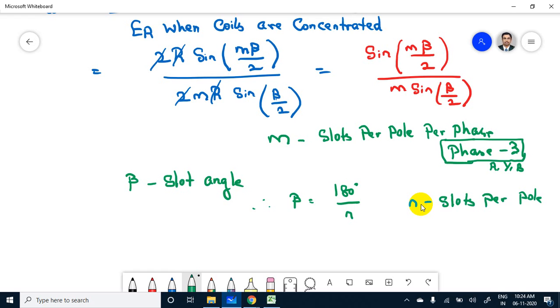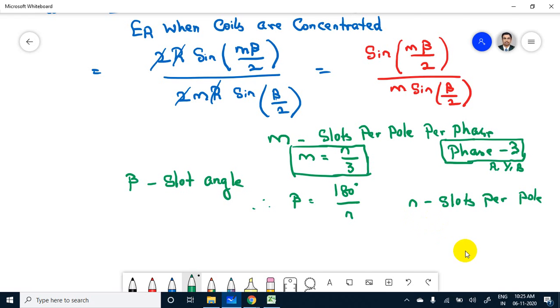Okay, therefore m, how to write m equal to slots per pole, right? Slots per pole notation is n. Okay, n divided by per phase, how many phases? 3. M equal to n divided by 3.